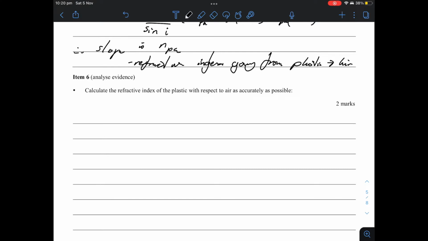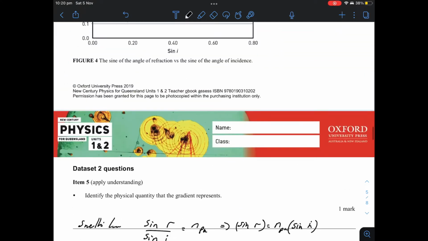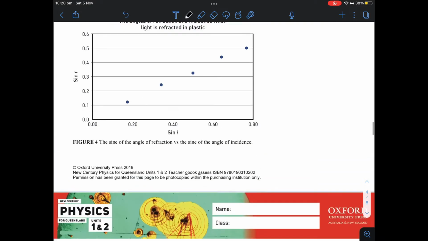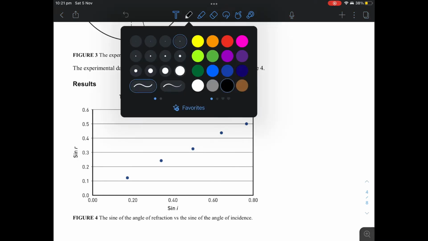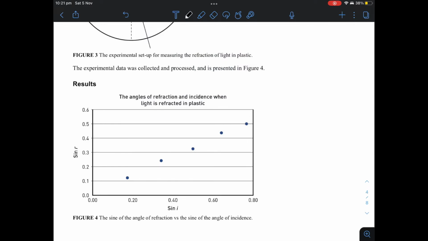If we want to calculate that, we need to look at the graph and get the slope. So we go along here, and it's a little hard on my screen, but I've tried to draw a line of best fit and measure its slope.